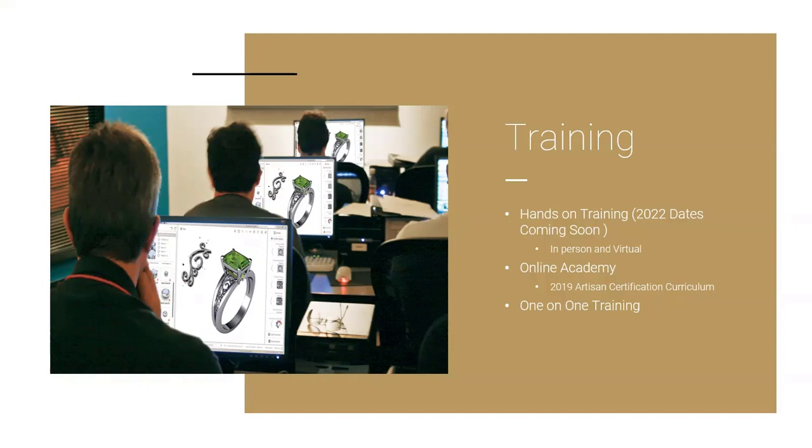If you have a perpetual license, your CounterSketch membership must be up to date. If your membership is up to date, you'll have access to the Online Academy as well as technical support, and you'll be receiving any of those library updates that we launch monthly. Great tool, especially to train more staff within your store.